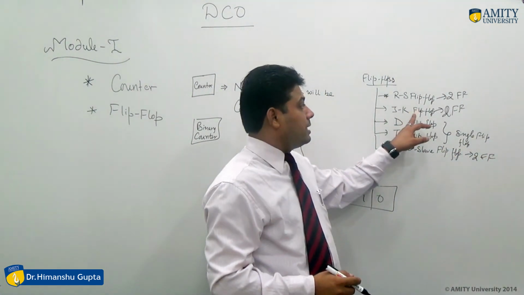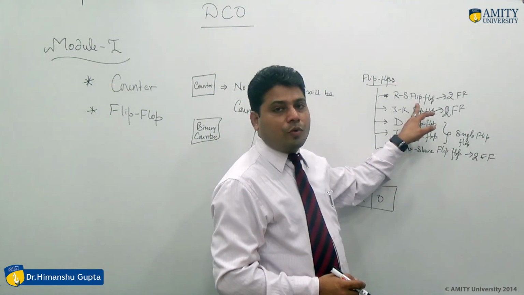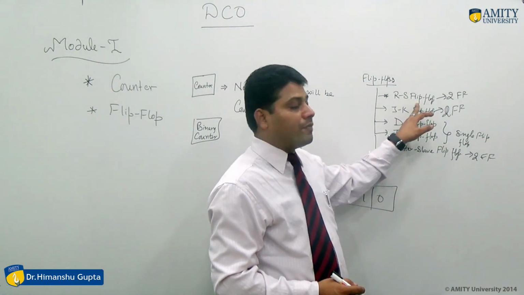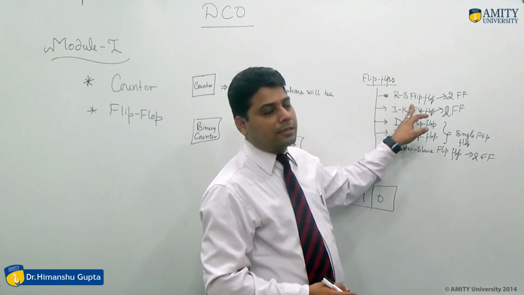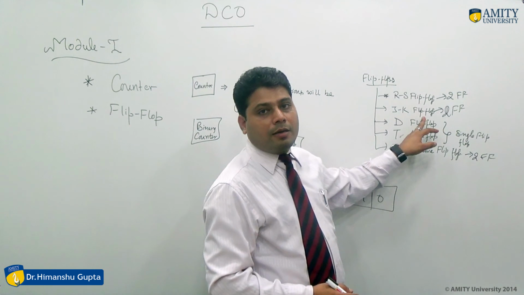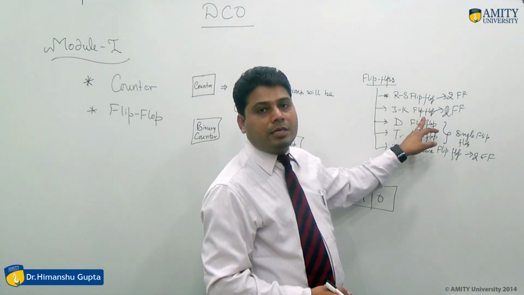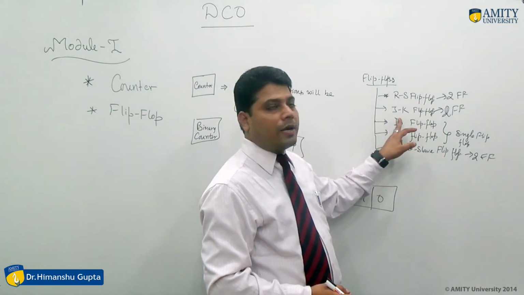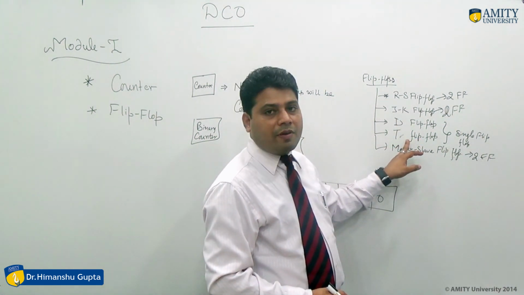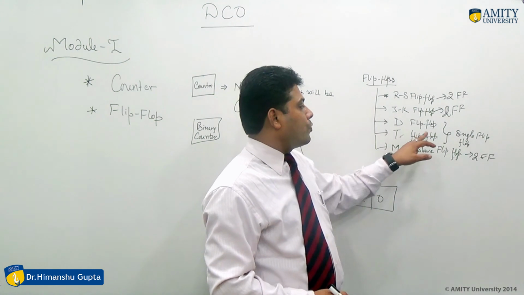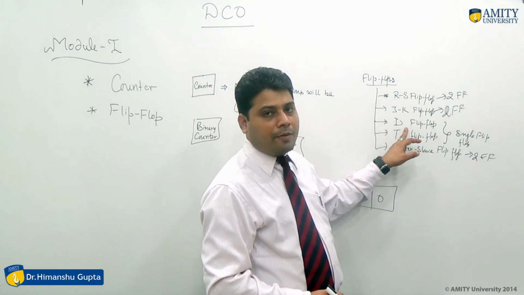Each output value of the RS flip-flop depends on the values of R and S. In the same manner, the output value of the JK flip-flop depends on the input values J and K. D and T are single flip-flops where the output totally depends on the input values.